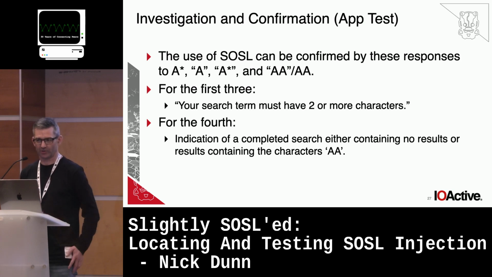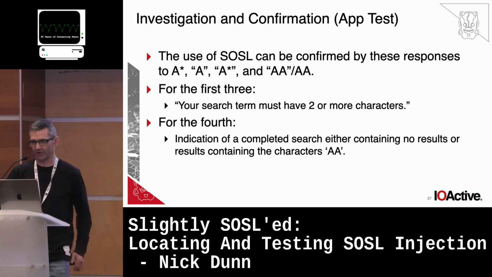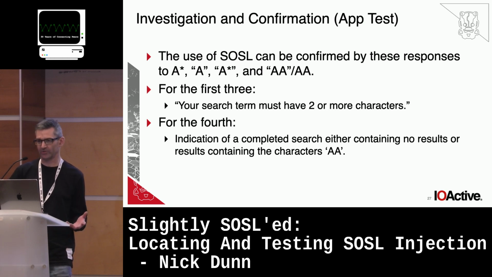That's because SOSL allows you to put double quotes around separate search terms within the find category, and it demands 2 or more non-wildcard characters. So those would all bring back a perfectly working search for SOQL, but not for SOSL. And for the 4th one, you would get a set of results.